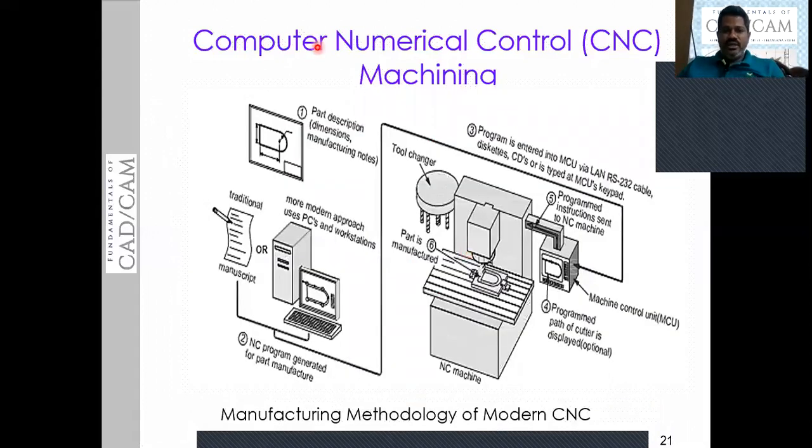So this you can see in this diagram. As you can see, you have a manuscript here. We have already discussed the manuscript. A manuscript is a script where we document the program. In the case of numerical control machines, the steps involved, the skeleton of the program, will be written in a document.